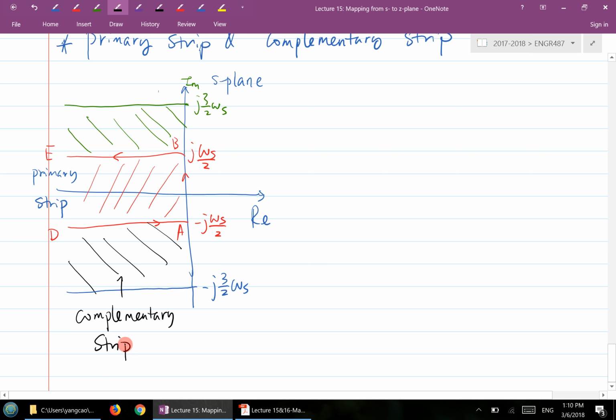So we'll focus only on the primary strip, and then I'll show you why we can just focus on the primary strip here. So let's do a little bit of mapping exercise. I'm going to map this primary strip region to the z plane here. Let's take a look at how that mapping is going to happen.